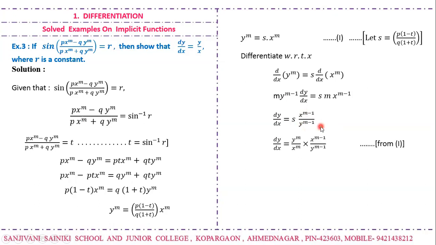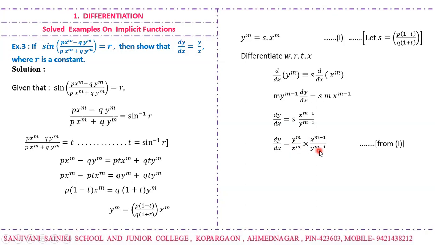But then what is the value of s? S is from this step. S is y^m upon x^m. So we will put that here. So what do you get?